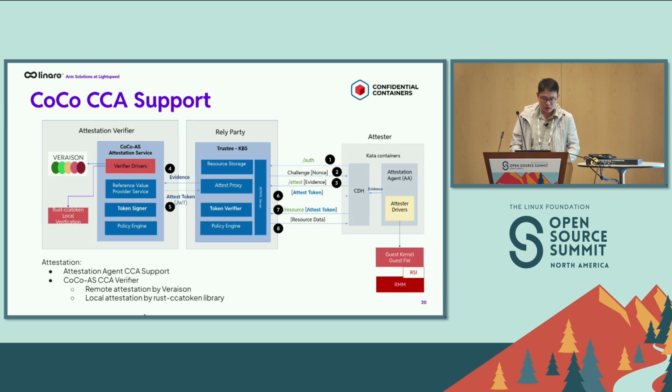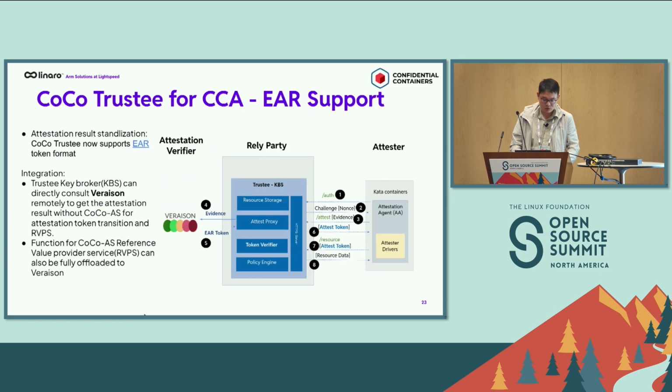We have worked with Coco upstream to introduce the EAR, and after we adopt the EAR, the Trustee key broker service can directly consult Verizon remotely to get the attestation result without any Coco AS.